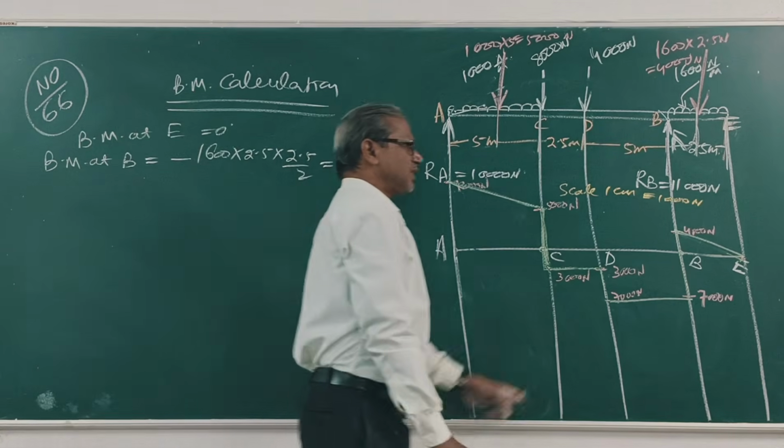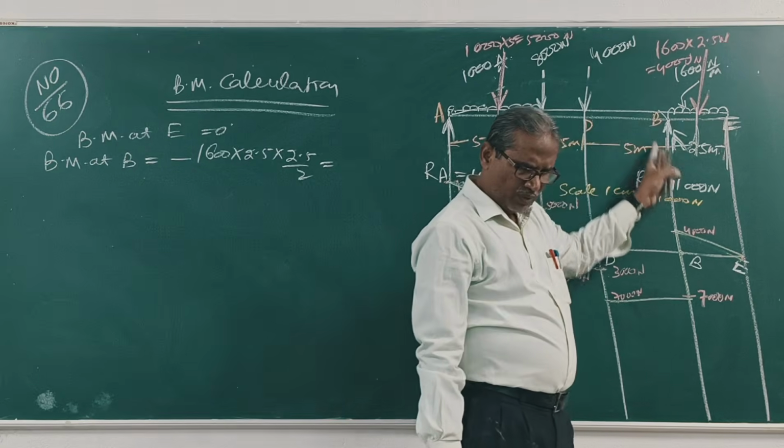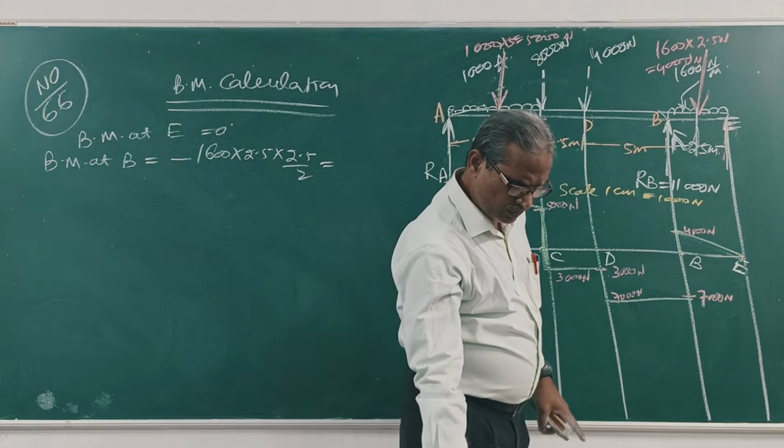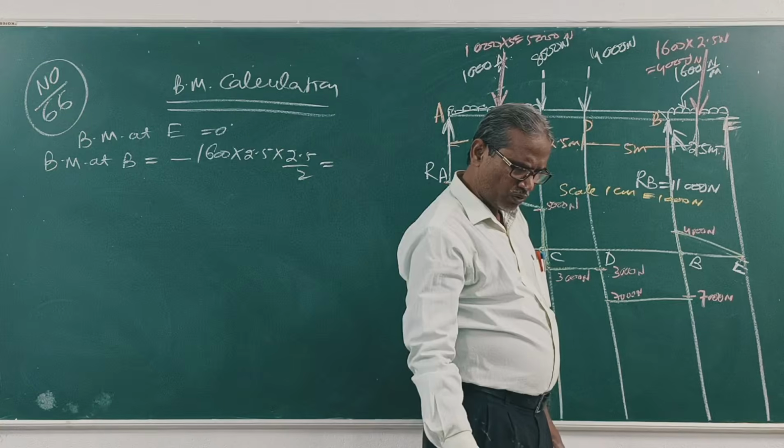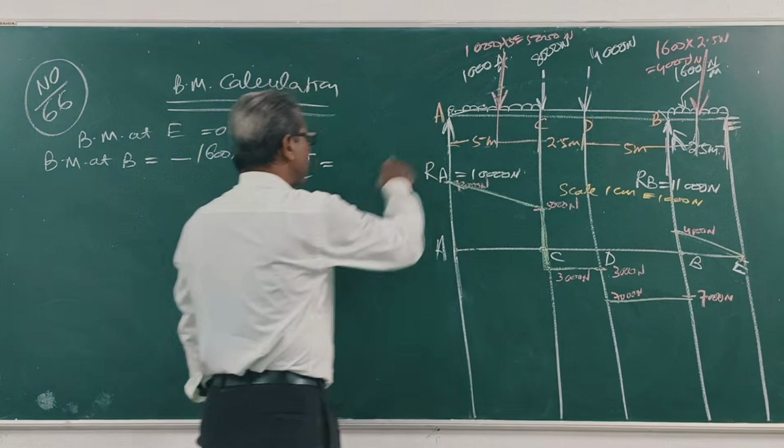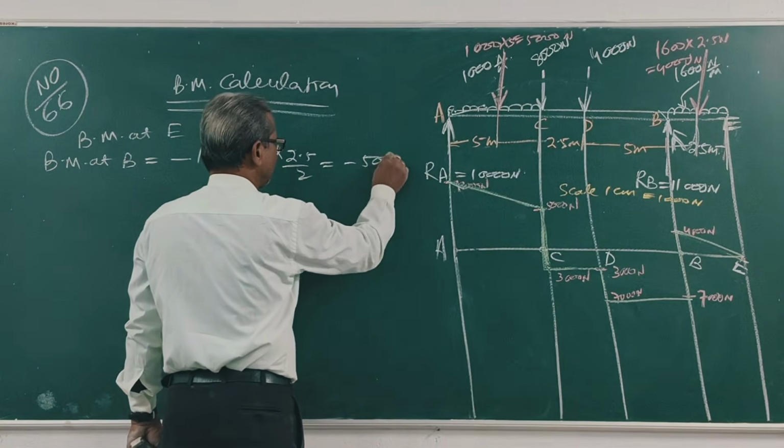Clear? This is 1600 into 2.5 into 2.5 by 2. This is 3000 Newton meter minus 5000 Newton meter. So this is minus 5000 Newton meter.